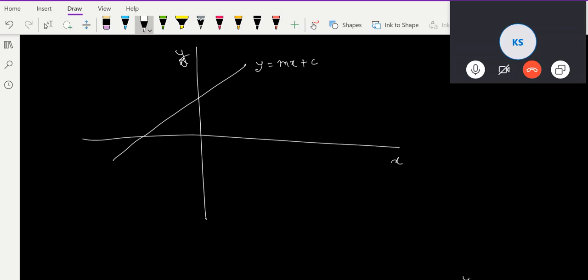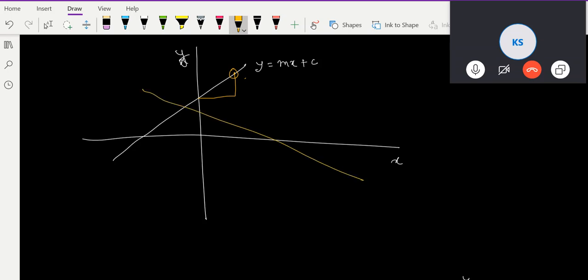Not always. Because if you go from this point, for every unit that you go in the x direction, you have a positive value of y. Correct? You have a positive value of y.